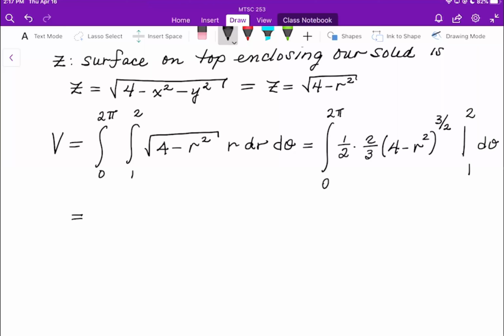So that becomes the integral from 0 to 2 pi of 1/3. Do I really have 1/3 times 3 to the 1/2?